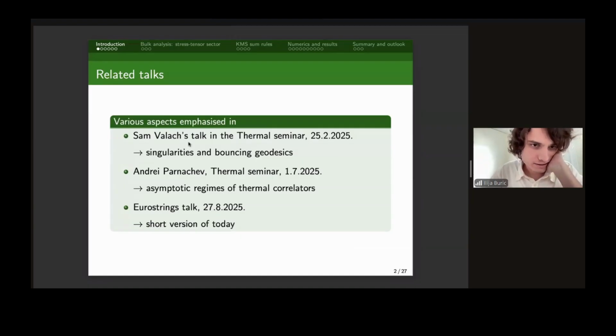Before I start, let me just mention this is based on a paper which is kind of a part two of two related papers, and the first was already presented by Andrei in July in this seminar series, and it also draws on some ideas from the work that Sam presented in February.